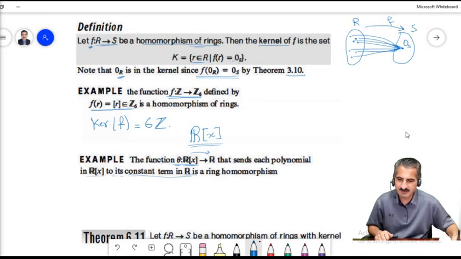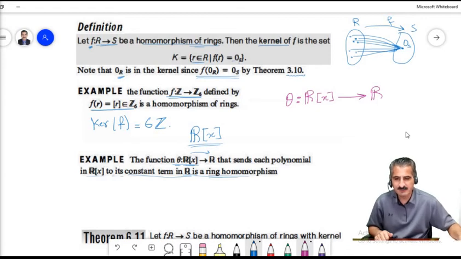This is a ring homomorphism, and I think we have seen it before. Let me rewrite that here. It might be interesting to see it this way. Theta takes polynomials, so the input of theta is polynomials, and the output is real numbers.